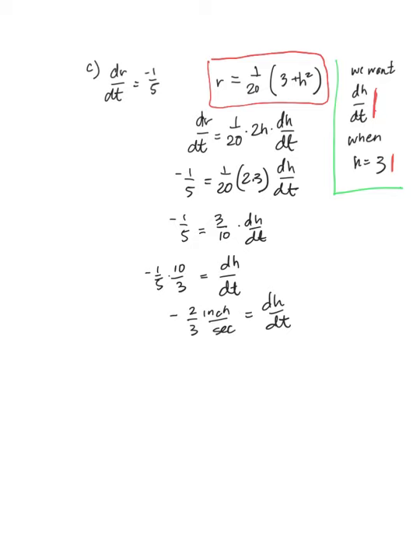Differentiating that with respect to time, so dr/dt equals 1/20th 2h dh/dt. And plugging all the knowns in, we know h, we know dr/dt, and solving, we get negative 2/3 inch per second is dh/dt.